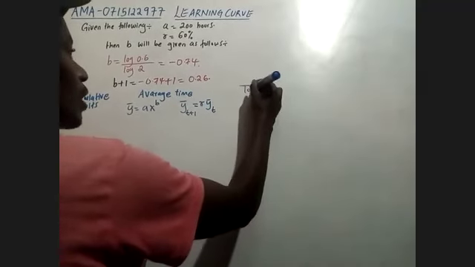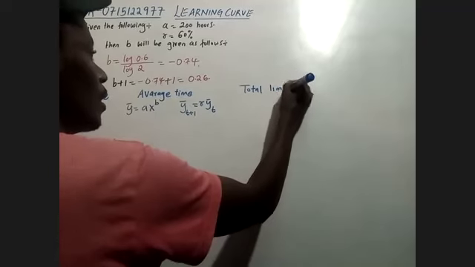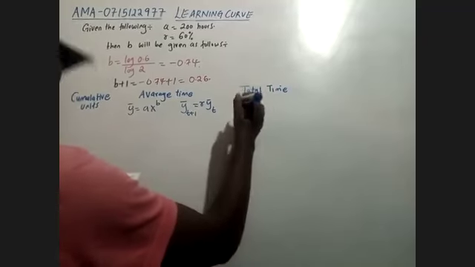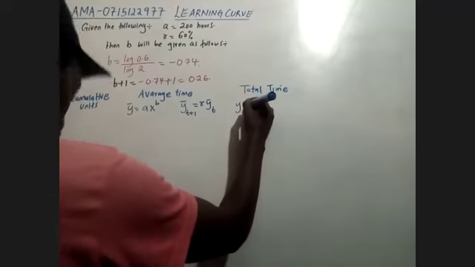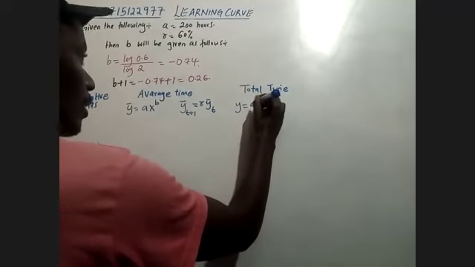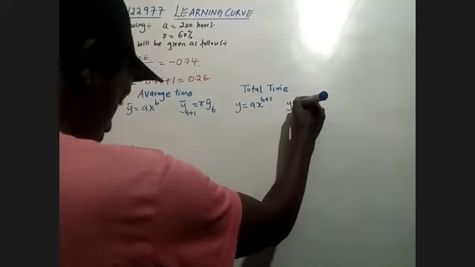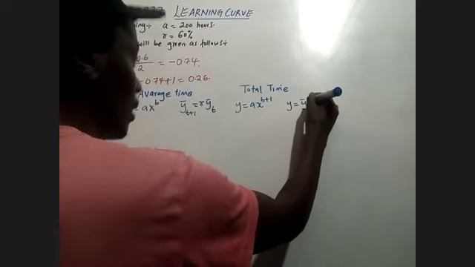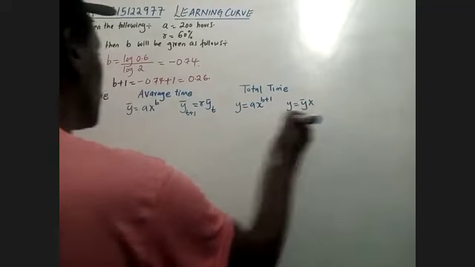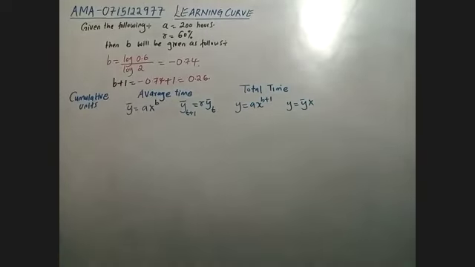Itaeleweka. Total time: y is equal to a x^(b+1). Now y is equal to y bar x. So table yangu inafikia hapo.